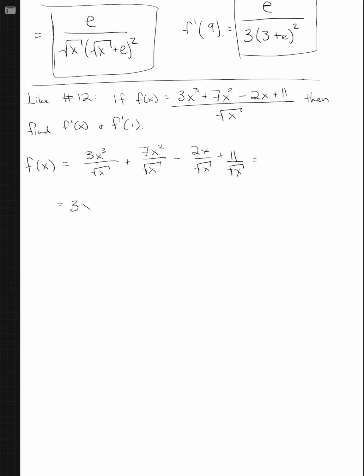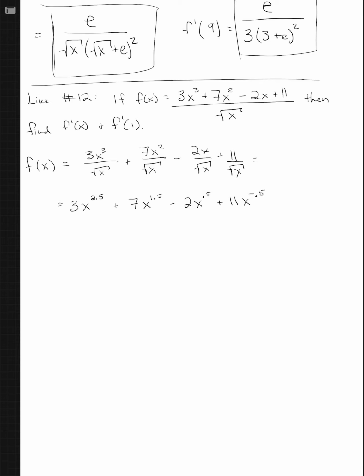So this is 3 times x to the 2.5, plus 7 times x to the 1.5, minus 2 times x to the 0.5, plus 11 times x to the negative 0.5.